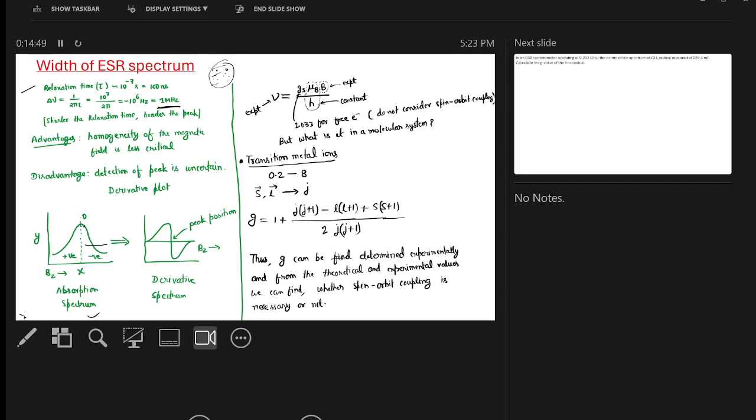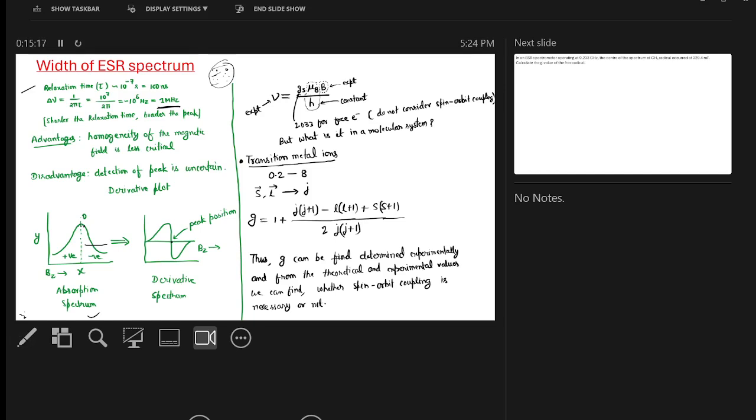So then what can we do? We can plot by using derivatives. You will get something like this by the first derivative or second derivative. This is your maximum value, correct?